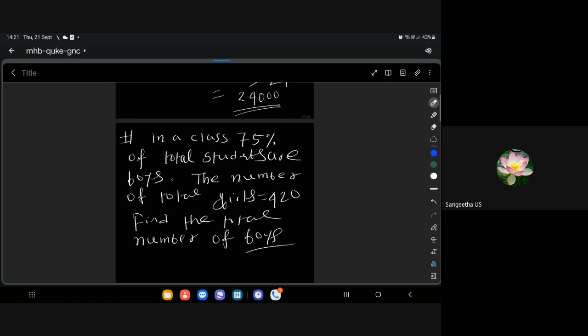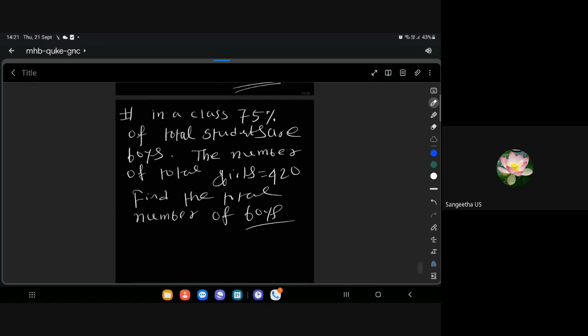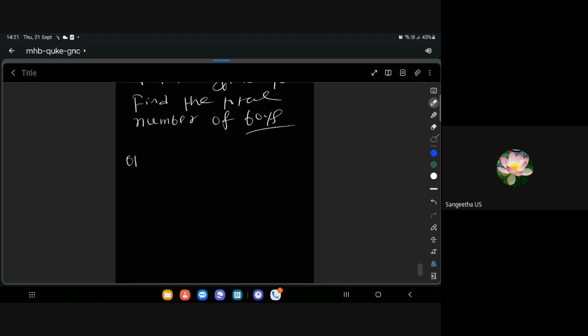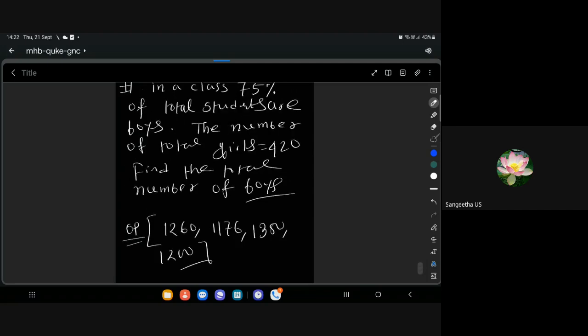To find the number of boys, the options are 1260, 1176, 1350, 1200. 1260. Okay. Any other answers?